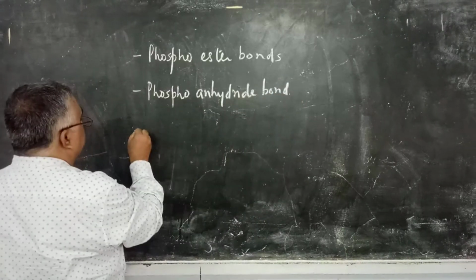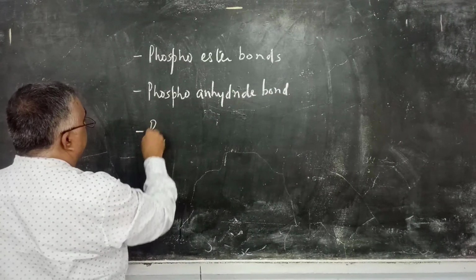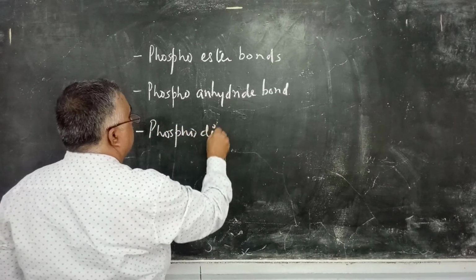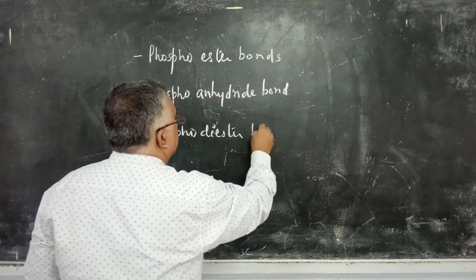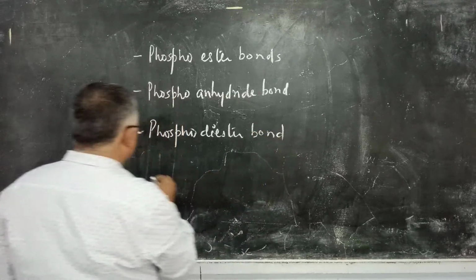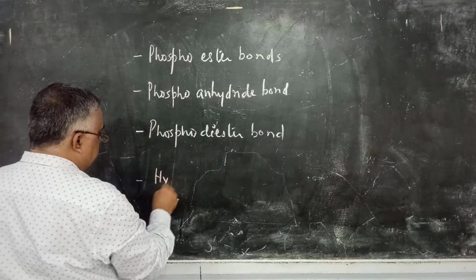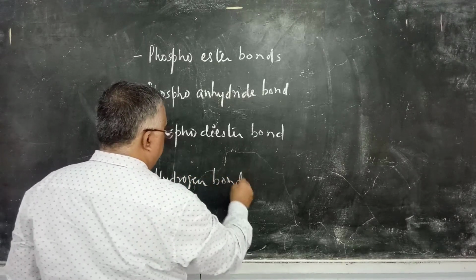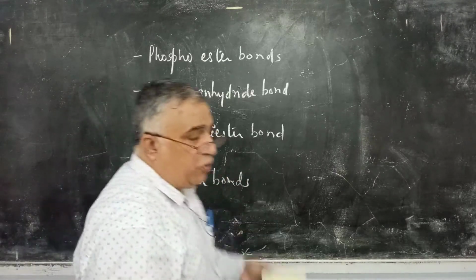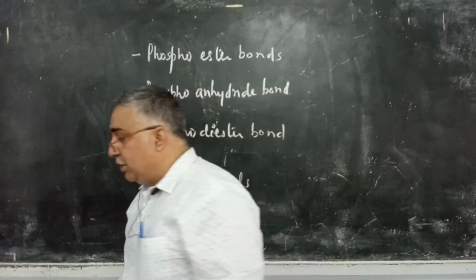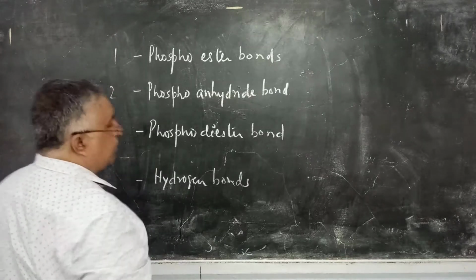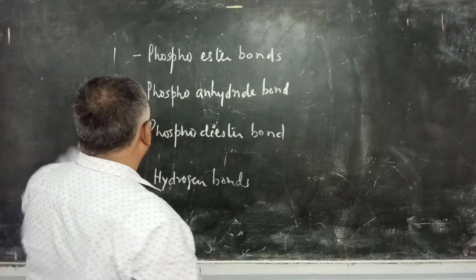And as I told you previously, there is another phosphodiester bond, and of course hydrogen bonds. So hydrogen bonds we have already talked about in the other lecture. We will concentrate on these three bonds which are primarily present in DNA.